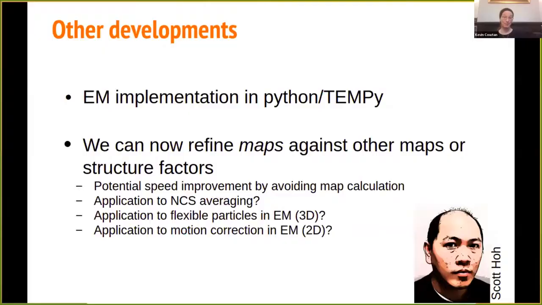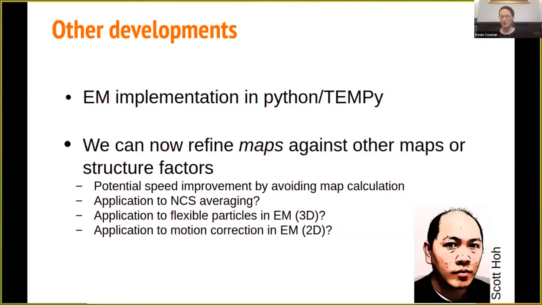So that's now implemented in the software in CCP4. And there's a potential speed improvement that we could get out of that by avoiding map calculation. So if you need even more performance, then you could discuss that with us. So far, performance hasn't been something that's come up, but there is more scope there.